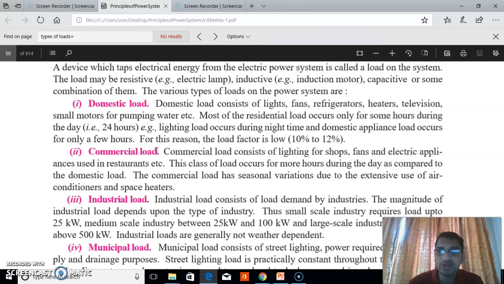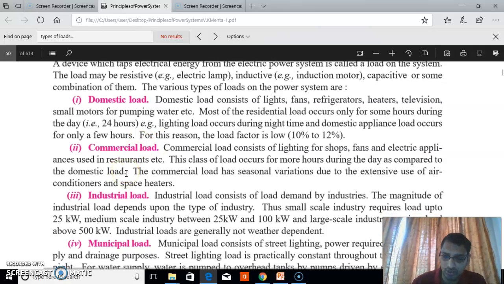Also, commercial load varies depending upon the season, because during the summer season a lot of air conditioning units are turned on. During the winter or the rainy season, most of the air conditioning systems are turned off. So the quantity of commercial load is based on the season also.